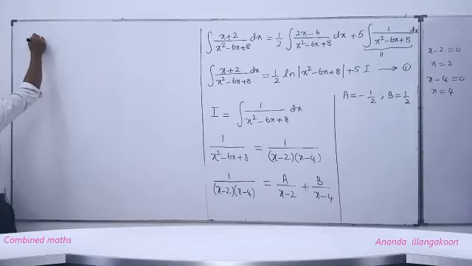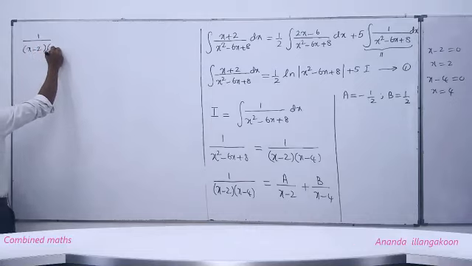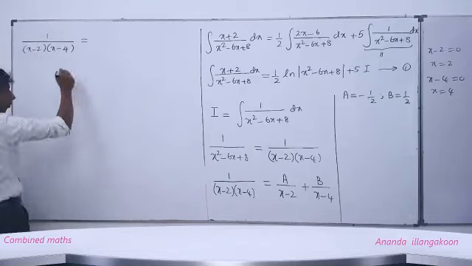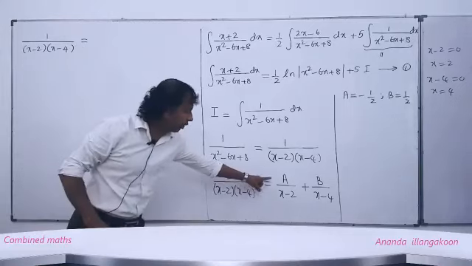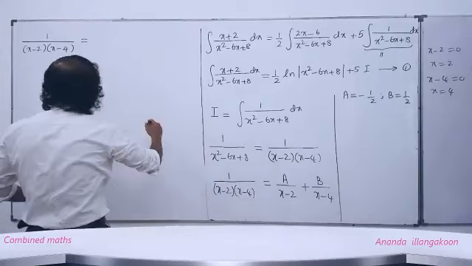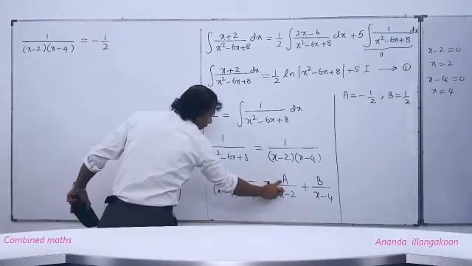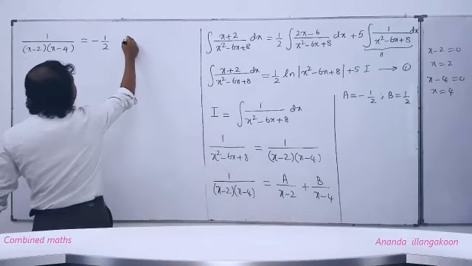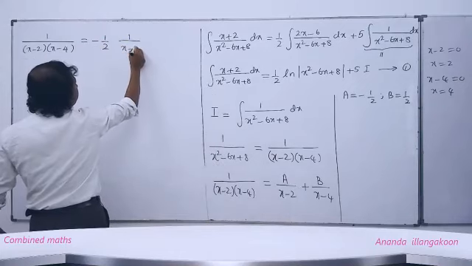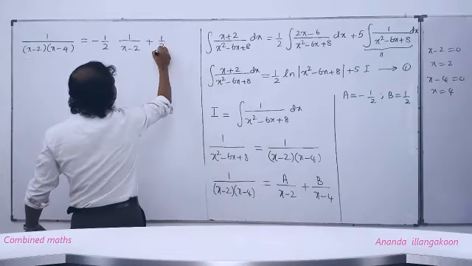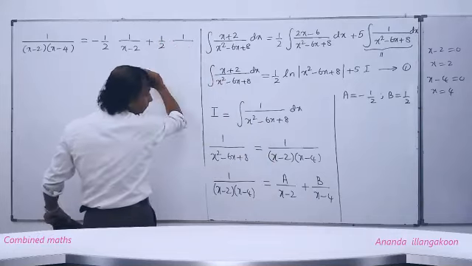And we get 1 over (x minus 2)(x minus 4). We can write, people, A is minus half, B is plus half. Then minus half I write like this, minus 1 upon 2, I substitute for this A. Then I can write it as 1 upon x minus 2. B is half, therefore half times 1 upon x minus 4.